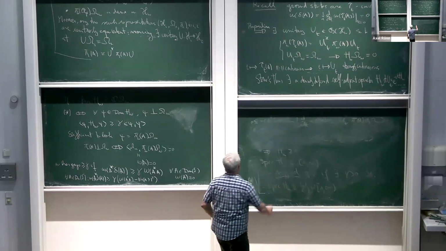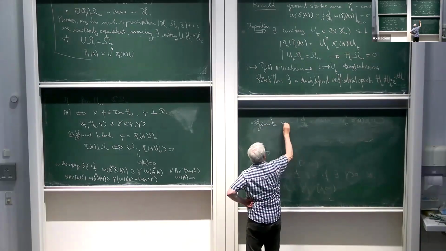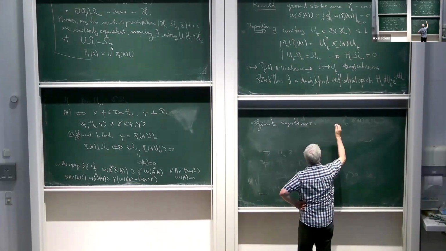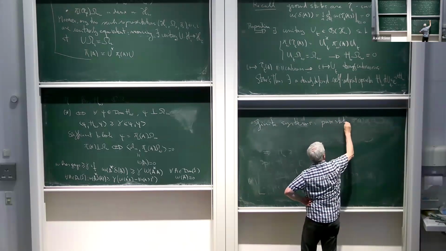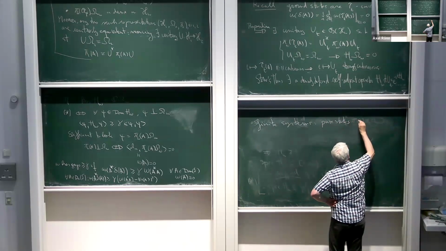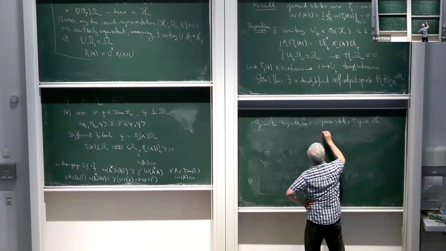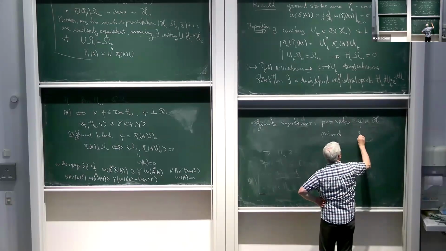Okay, so for finite systems, usually pure states are those defined by a vector psi, and mixed states by density matrices rho.